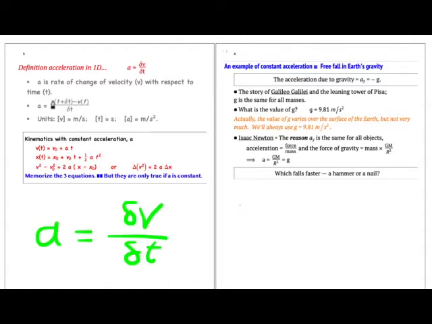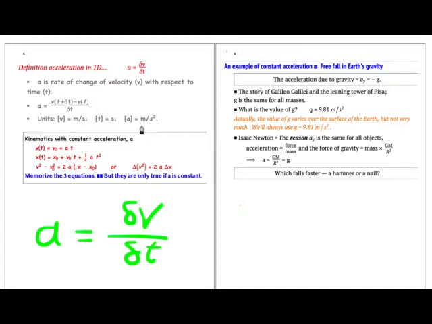Now again, what are the units of acceleration? Well, we have here a velocity divided by a time. The unit of velocity is meters per second. The unit of time is seconds. So what we have here is some number of meters per second divided by some number of seconds. We have meters per second per second.